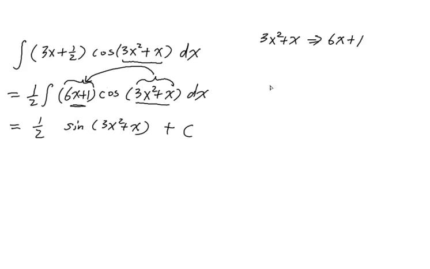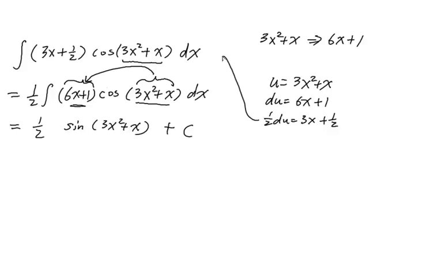And yeah, actually, let me just quickly do this. This is actually the same as u substitution, right? But we are basically doing the u substitution in our head. So du is 1/2 du equals 3x plus 1/2.